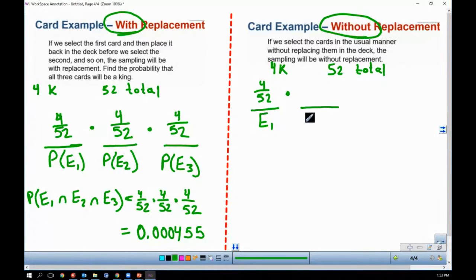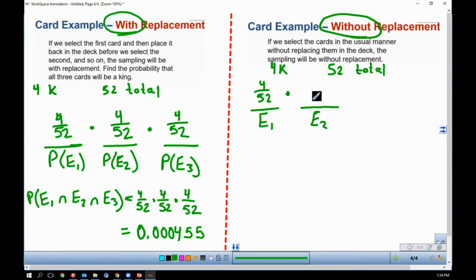Okay, so I draw a card and woohoo! Luck is in my favor. I got a king. What's the probability of doing that again? If you did draw a king, maybe 3 over 51. Yeah, we're going to say we drew one. In this type of example, we're going to assume we get what we want.